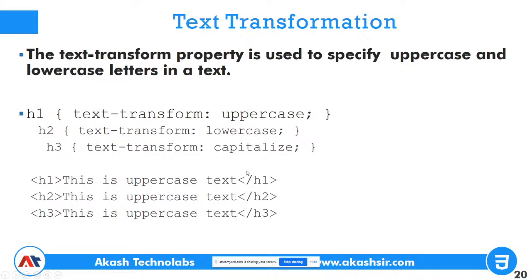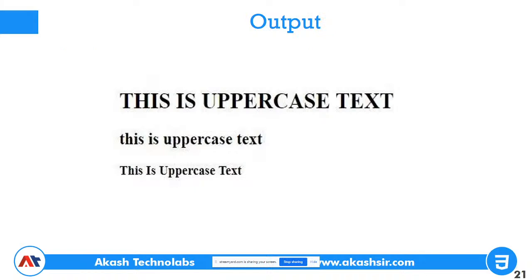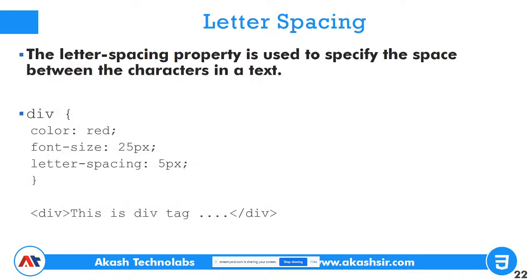Normally, if we didn't have this kind of property, you know very well we would have to rewrite this statement again and make it uppercase, right? But thanks to this property, we can simply change the text transform. So for an example, you can see this is uppercase, this is lowercase, and this is capitalize actually.